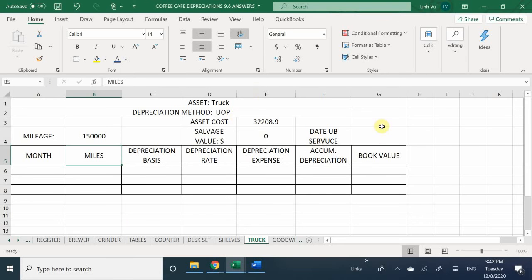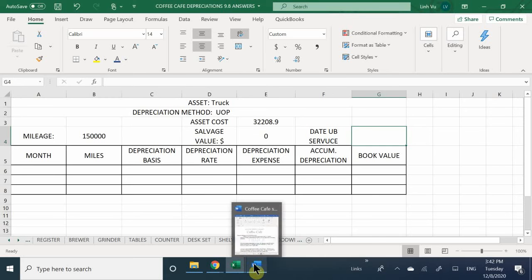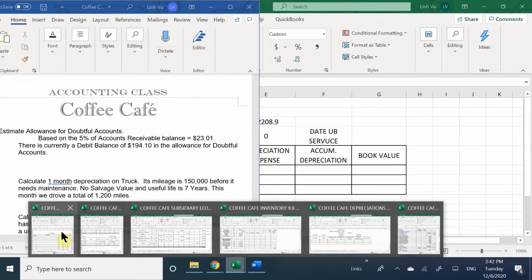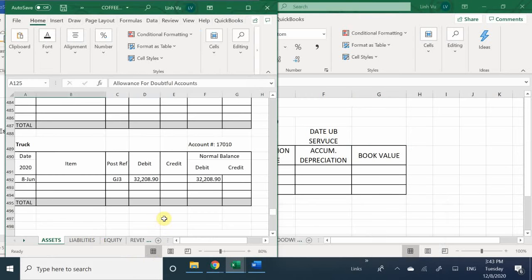And then lastly, when did you start to place it into service? First off, when did you buy this asset?